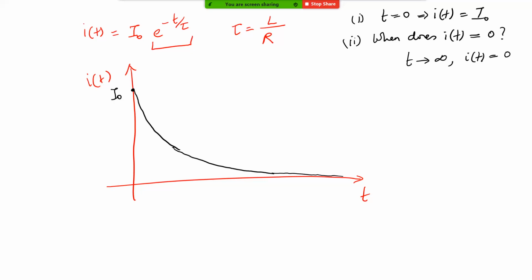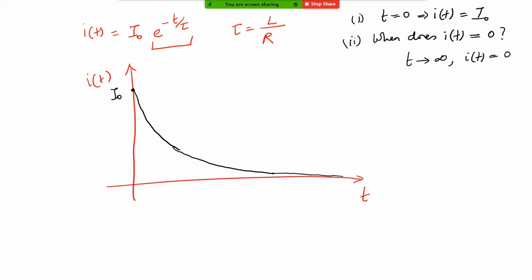Now let's say you want to do a lot of other things. Let's say after the current comes down to 0, you want to switch on something else and then do a lot of other work, and you cannot wait till infinity. Now what can we do? Our mathematics is telling us only at t equal to infinity, that is, when we wait for a very, very long time, does it drop down to 0. Mathematically, absolute 0 will happen at t equal to infinity.